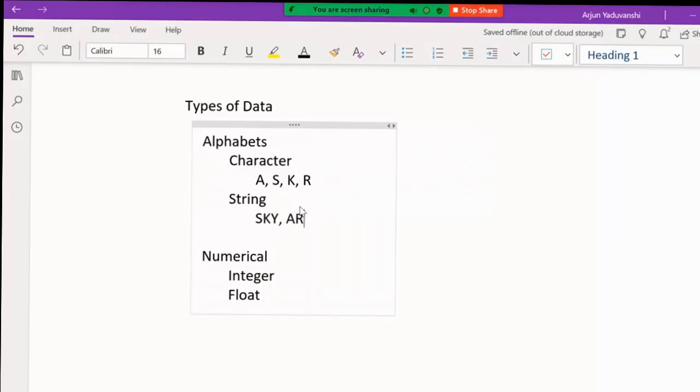S-K-Y, Sky, Arjun, or India. These are strings. Integers means it can be a positive number or a negative number, including zero. For example, -20 or 48 or 54, or 0. This all is called integers.